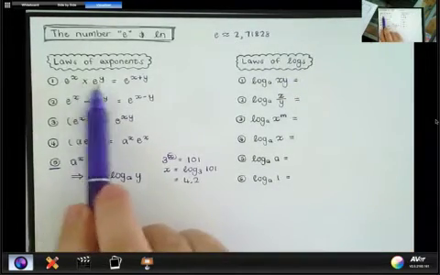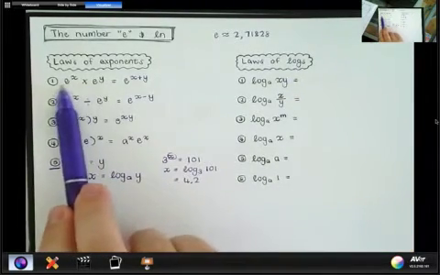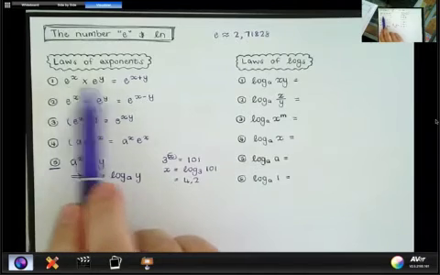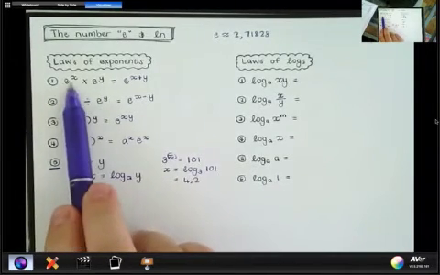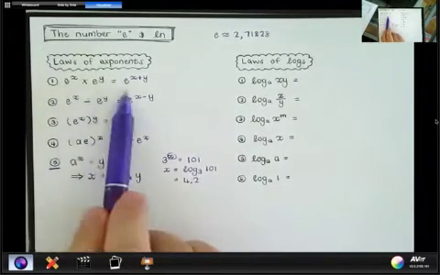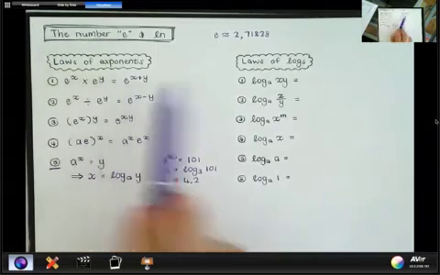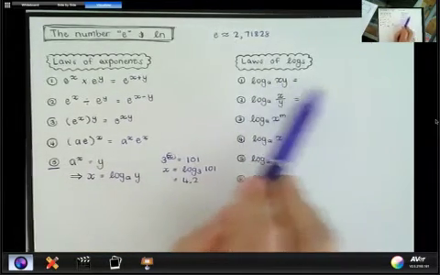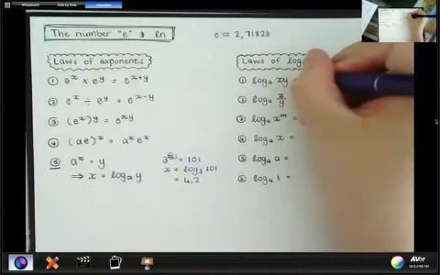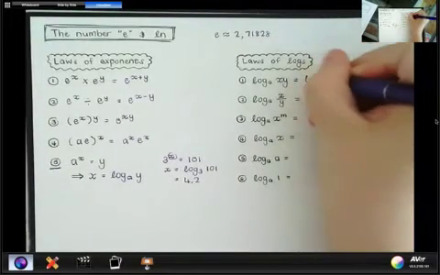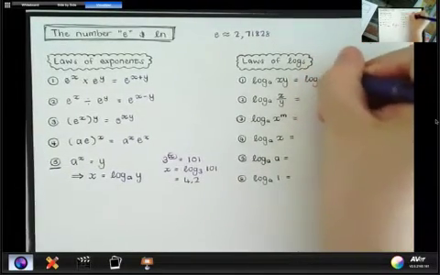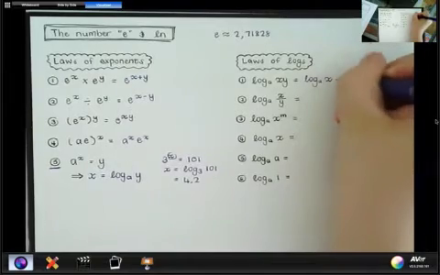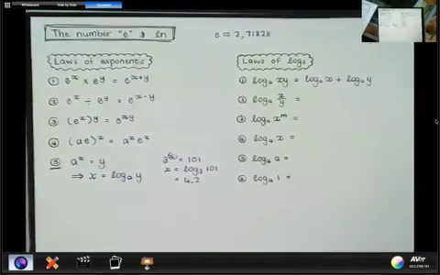This is similar to the exponent law, where we have the product of two powers, and we rewrite it with the same base, but we're adding those exponents. So now we're going to rewrite this product as two logs that we're adding together. This is going to become log base a of x plus log base a of y.